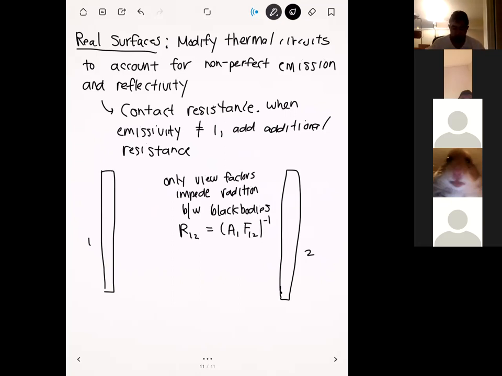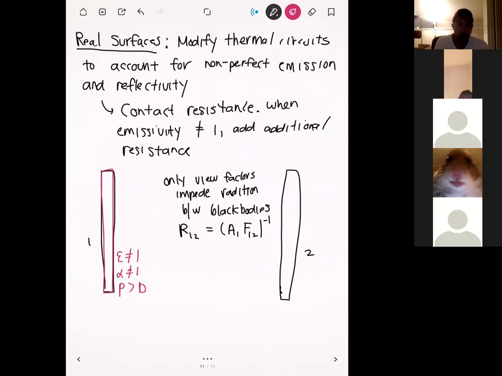But for real surfaces, we have an additional impediment to radiation heat transfer that comes from the surface itself. Let's say that for surface 1, what we have is epsilon not equal to 1. We have the absorptivity not equal to 1, and the reflectivity is greater than 0.